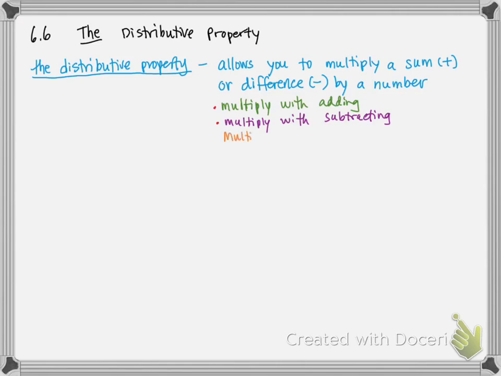Multiply all terms inside parentheses by the outside number.